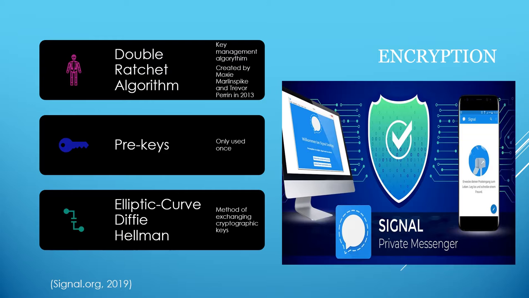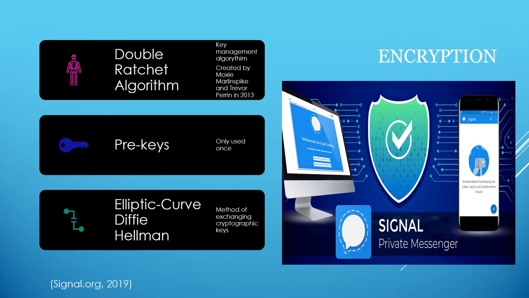The double ratchet is a key management algorithm that was developed by Trevor Perrin and Moxie Marlinspike. How it works is that after a key exchange, it manages the ongoing renewal and maintenance of short-lived session keys, meaning that a new key is created every X amount of time and shared between two parties. Pre-key is a shared secret which was previously shared between two parties using a secure channel before it needs to be used.